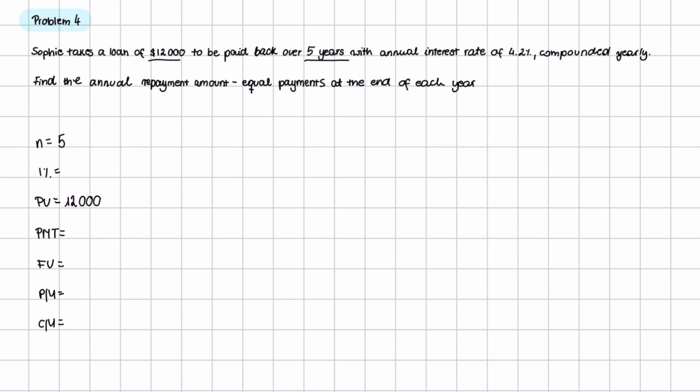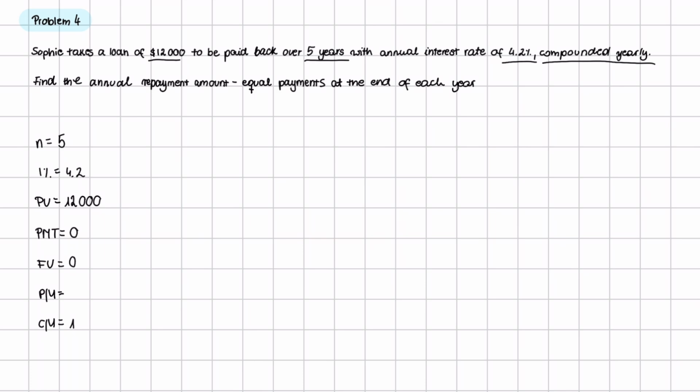We have annual interest rate of 4.2%, so interest is this, and we have compounded yearly. So compounding periods, it is 1, so our C/Y is 1, and we are looking for PMT, so we leave it as 0. Future value is also 0 because we want to have 0 as a loan, so we have to repay our loan.